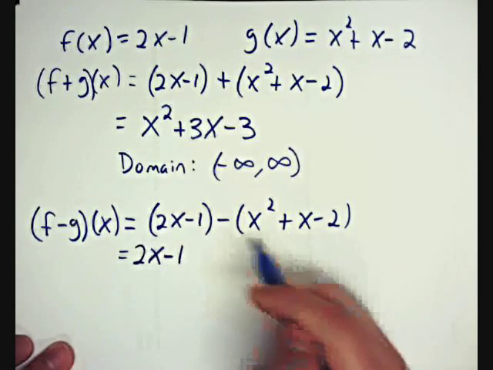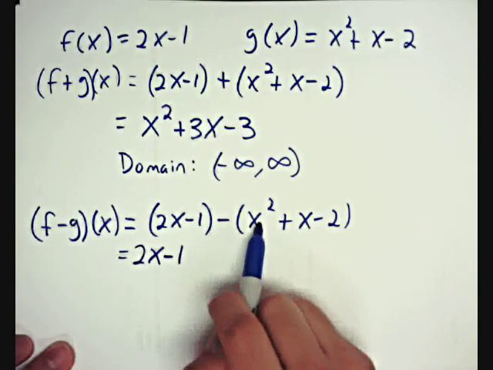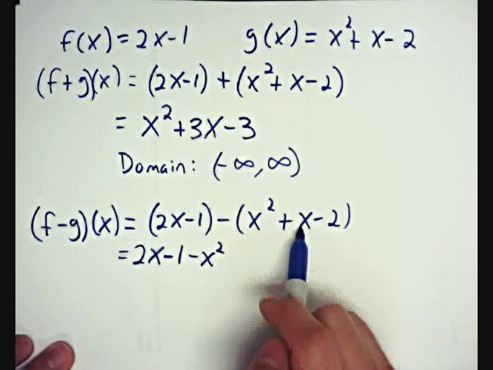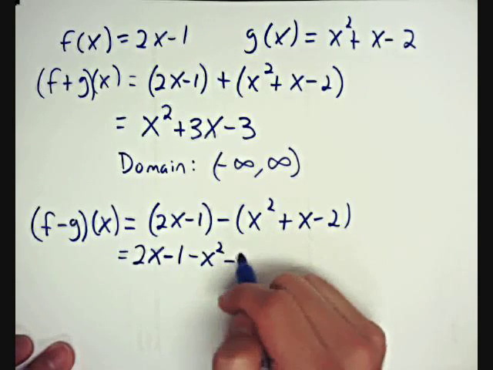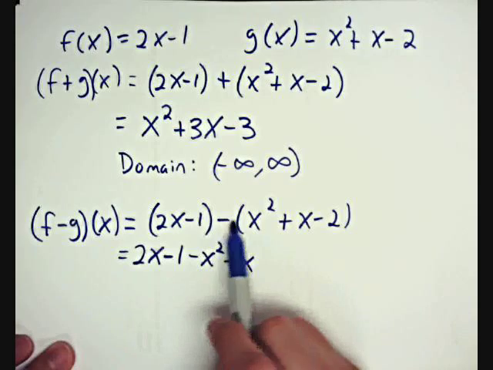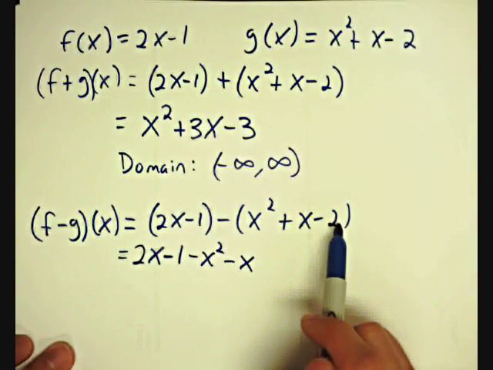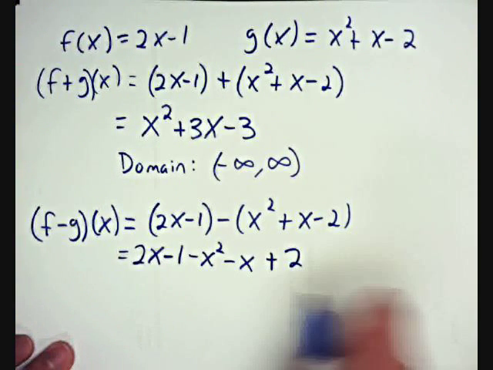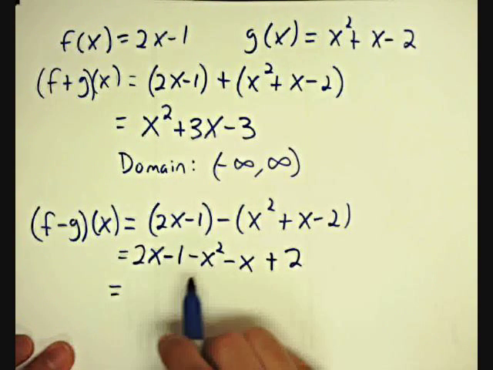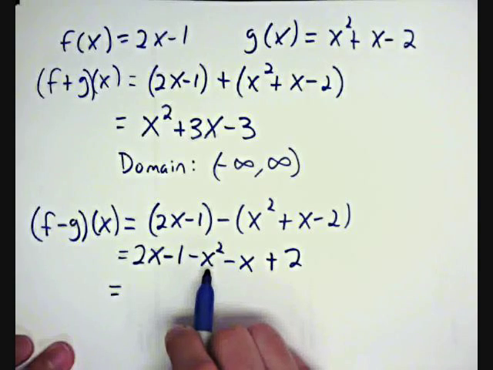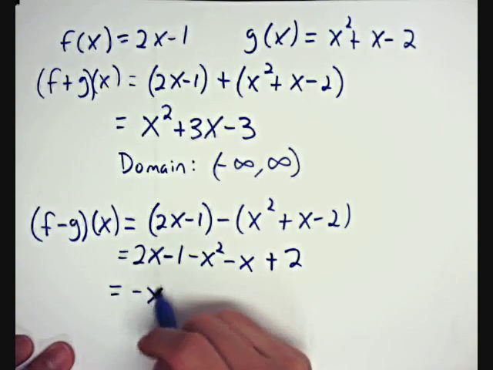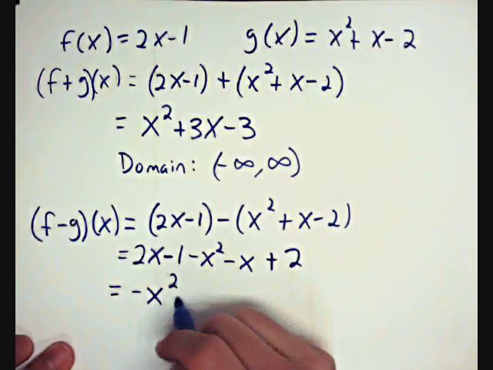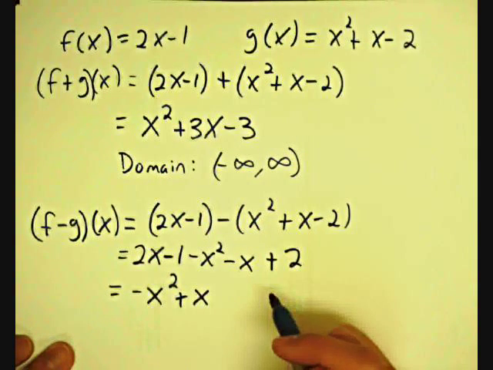So 2x minus 1, we want to subtract x squared, subtract positive x, and subtract negative 2. Two negatives will make this a plus 2. Combining like terms, this is the only x squared term, so minus x squared. 2x minus x is 1x, or just x.